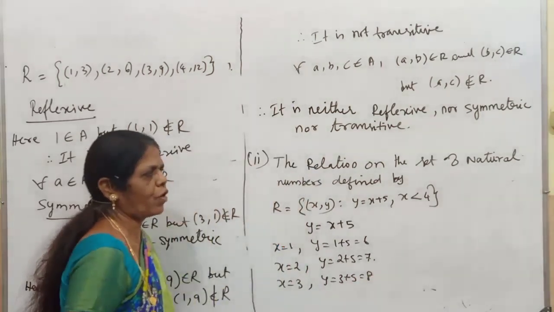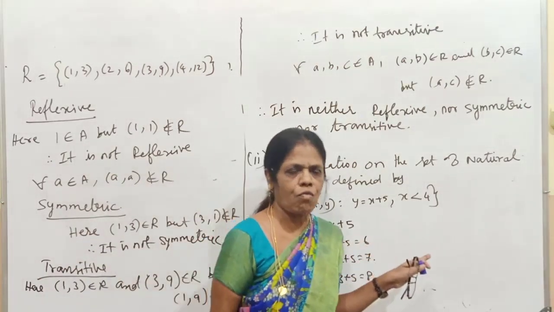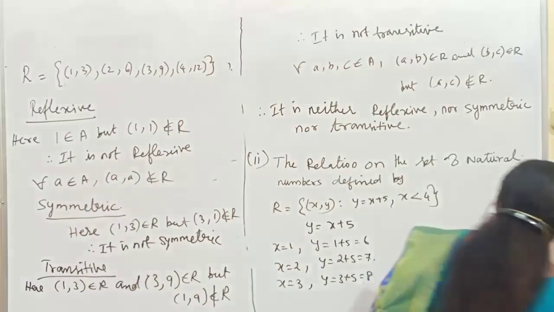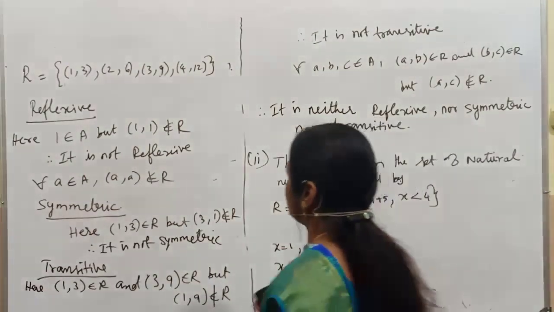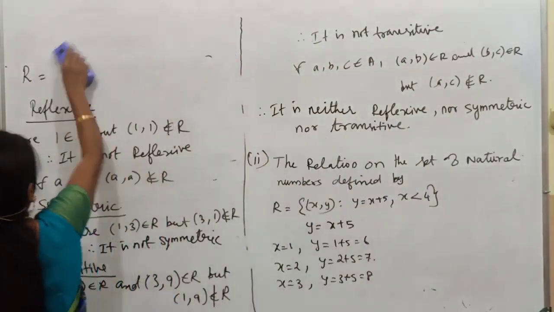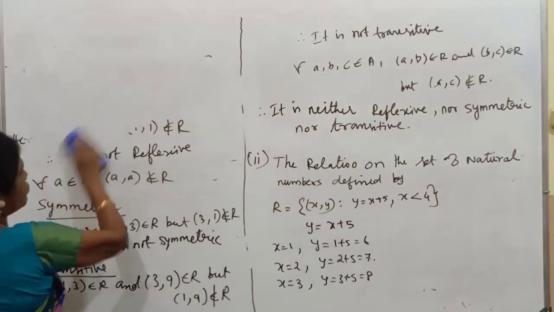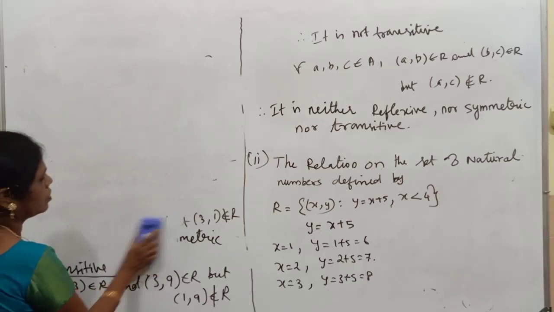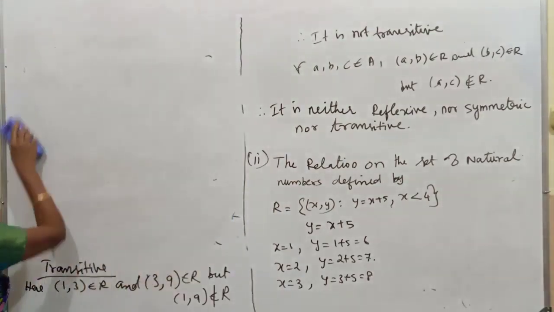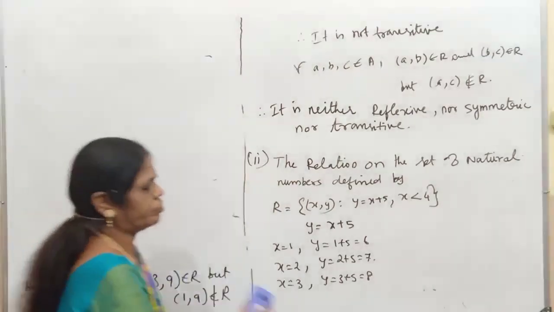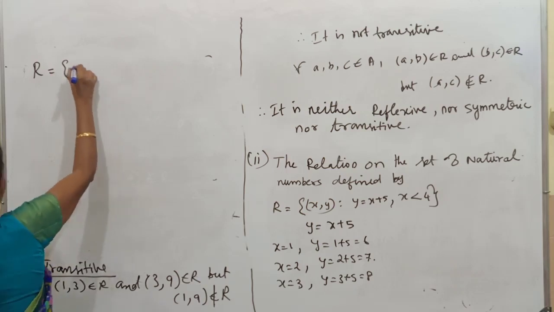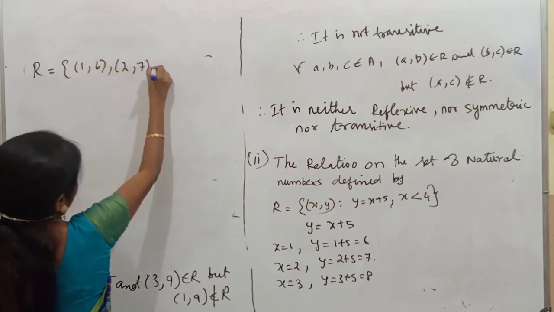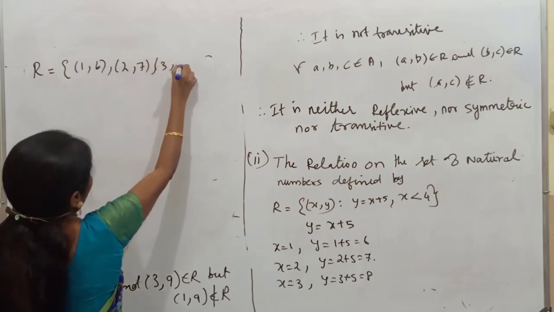Now we cannot go for 4 because it is less than 4. Now I am going to write the relation here. It is 1 comma 6, 2 comma 7 and 3 comma 8.